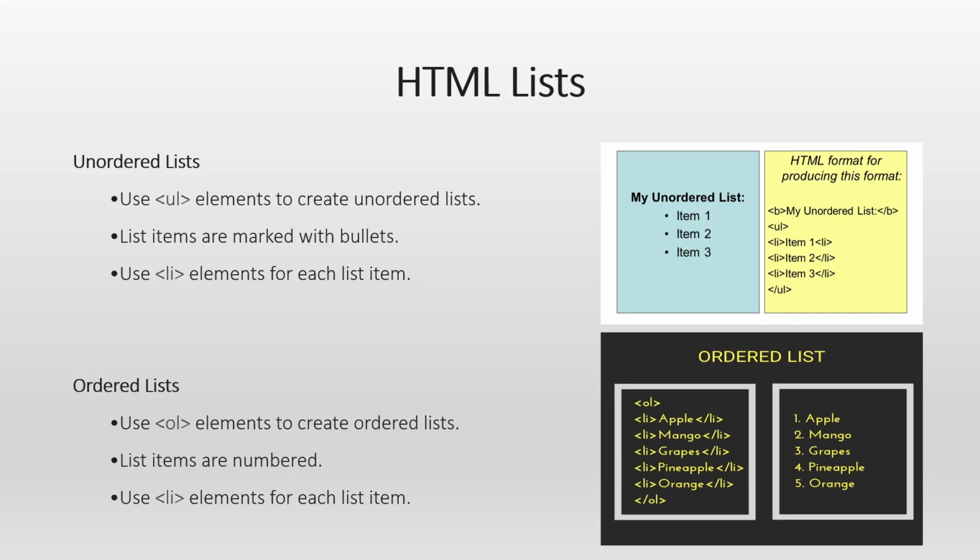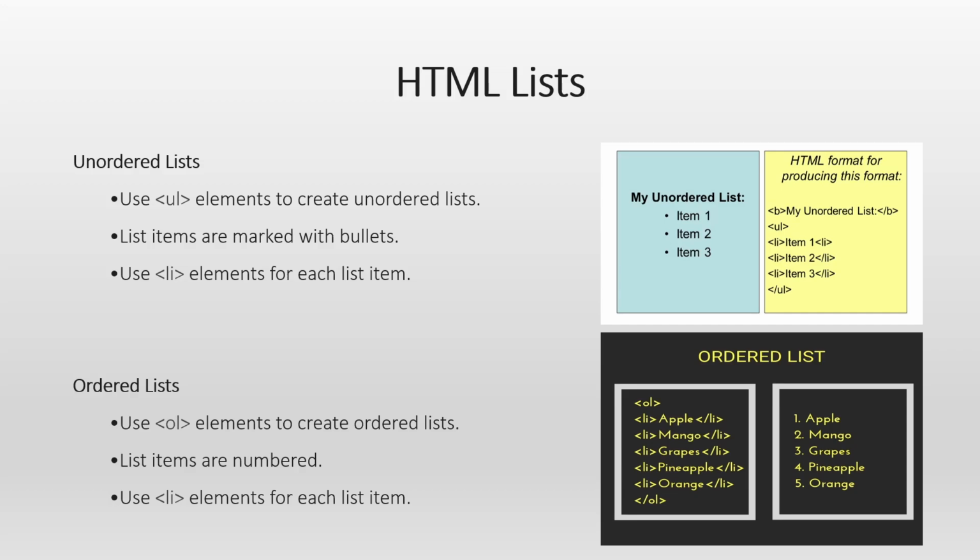This is going to be the output, my unordered list. Here we can see the HTML code producing this format. There we are seeing my unordered list UL, and inside UL, we are seeing LI.